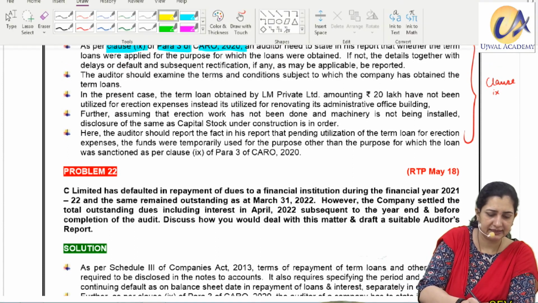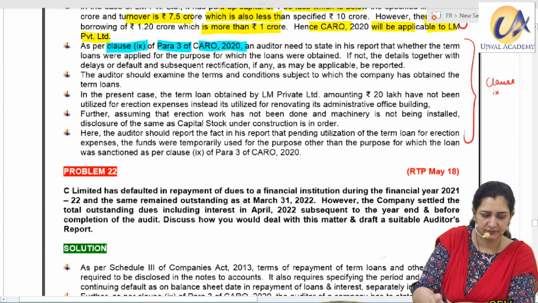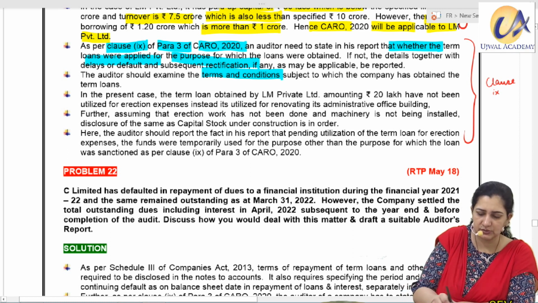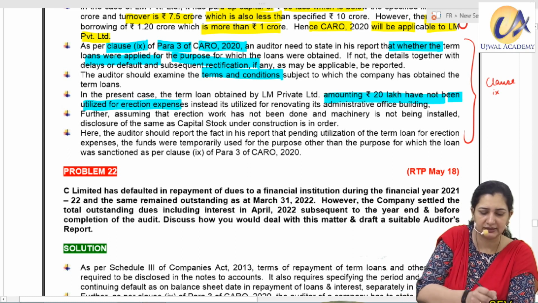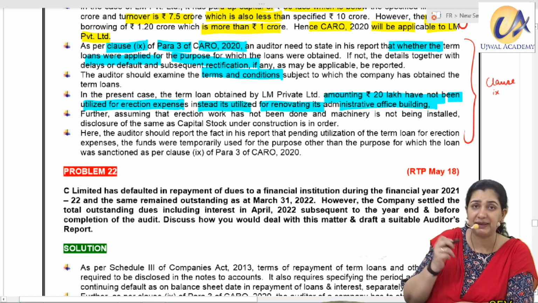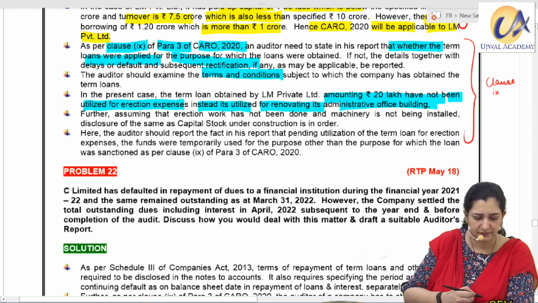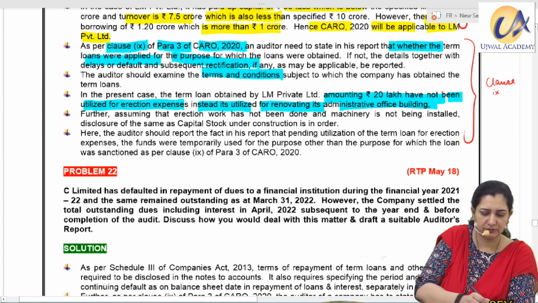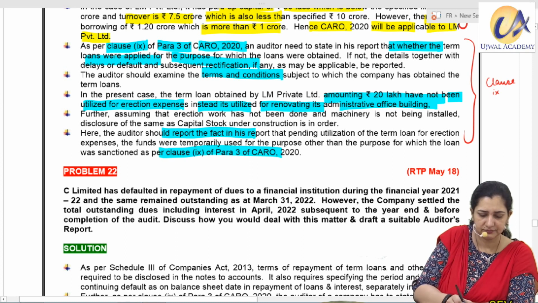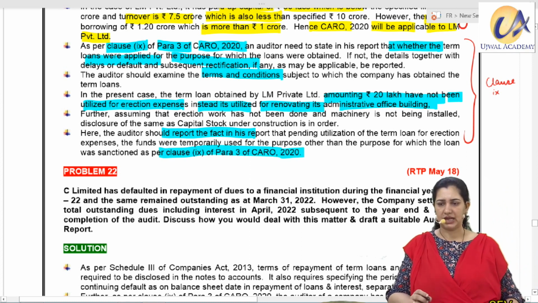Whatever loan has been taken, it was applied for the purpose it was taken. Terms and conditions you can see. So this 20 lakh has not been used for erecting the machine. Rather it is used for renovating that building. So report the fact under CARO.